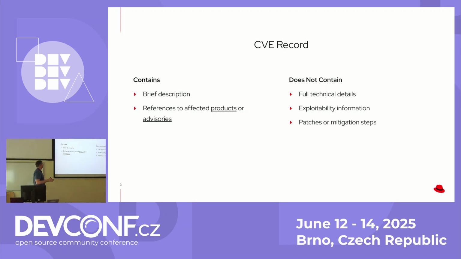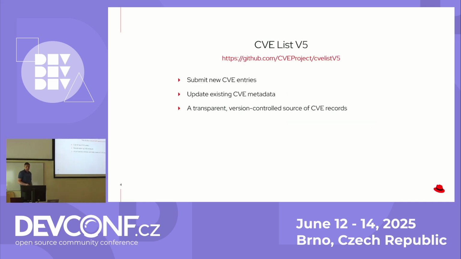It can also contain additional metrics and scores that we will mention a little bit later, but it doesn't contain the full technical analysis, or all the information about patching and exploitability of the vulnerability. So this is just the first known information about a particular vulnerability.